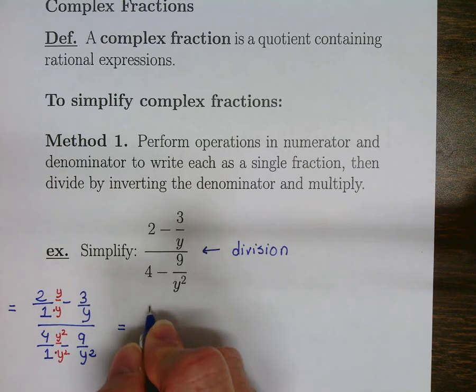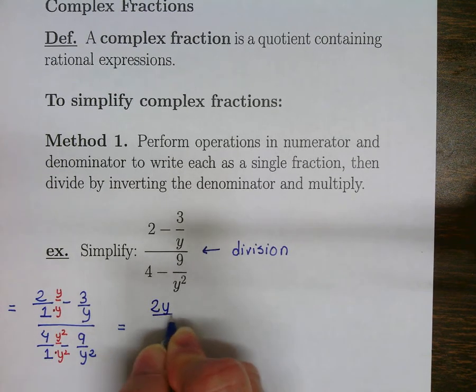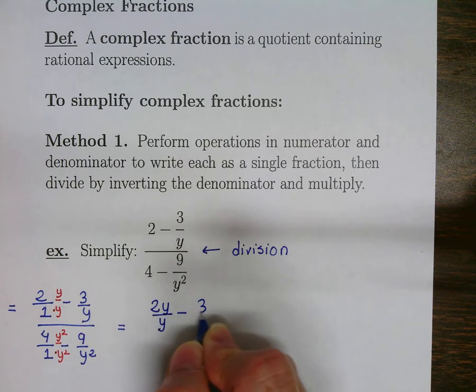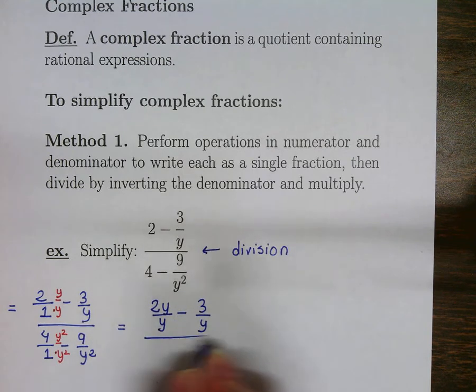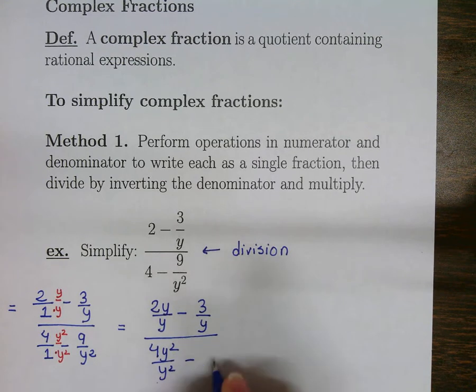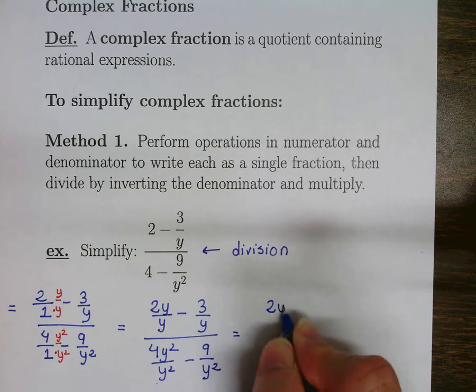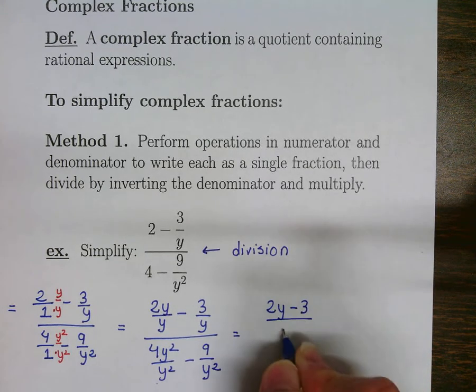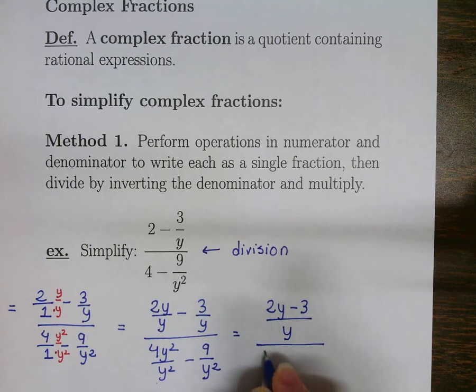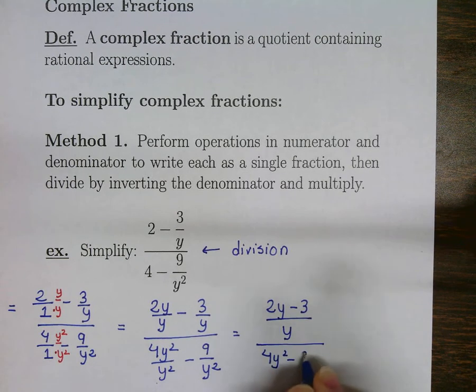So when I do that, I get 2y over y minus 3 over y, and I get 4y squared over y squared minus 9 over y squared. And now I can combine into single fractions. Okay?